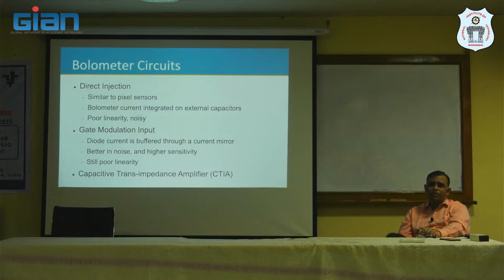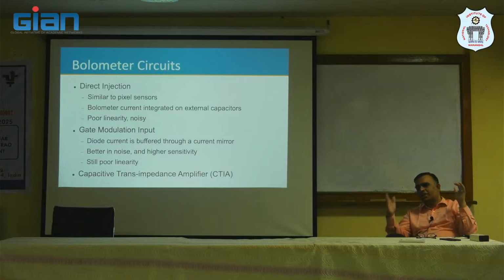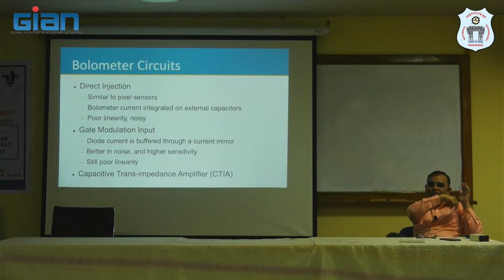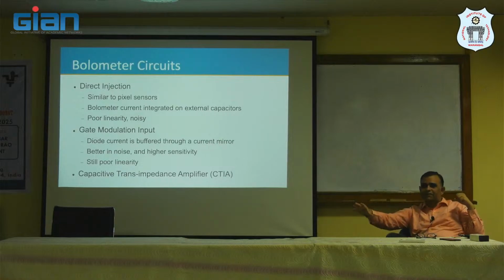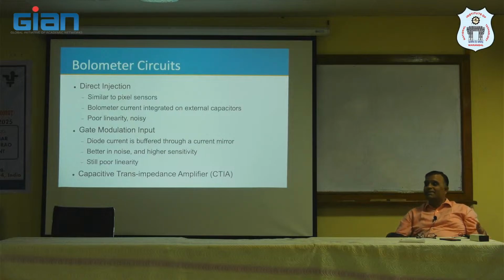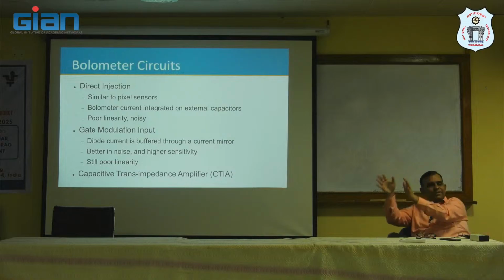They are noisy because the capacitance now comes in parallel with my bolometer, so whatever I am integrating also affects the bolometer operation. One solution could be to buffer my sensor from the rest of my electronics. And because it's a current-based sensor, we can put in a current mirror which hides the rest of the electronics from my sensor.